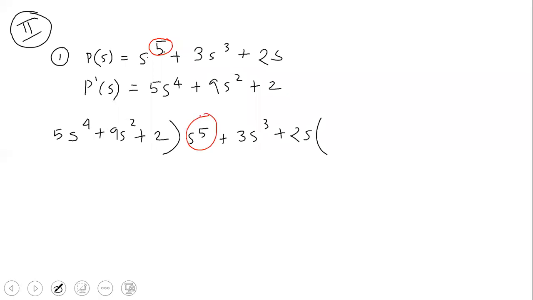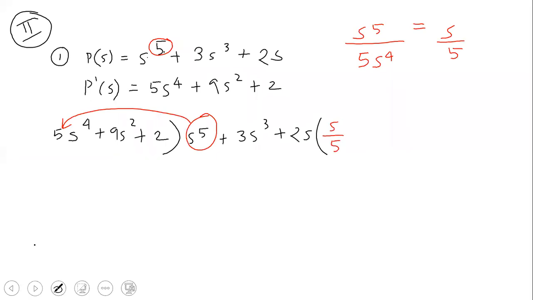Now you divide by this factor, which you can do at the side. S raised to 5 divided by 5S raised to 4. तो क्या मिलेगा? S by 5 मिलेगा. वही आपका quotient बनता है.